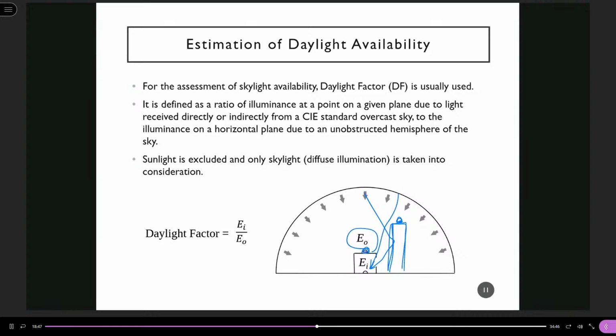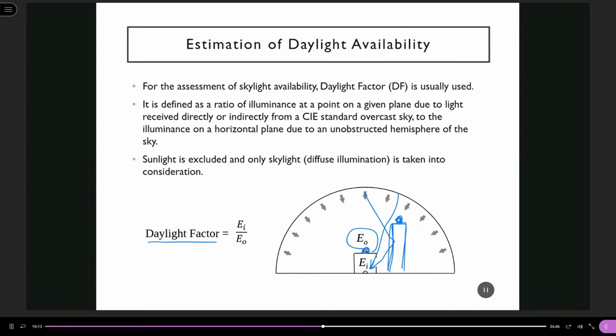So in order to measure EO, we should measure it on the top of the tallest building around the room. So the daylight factor is a ratio of interior illuminance over the exterior illuminance under an unobstructed sky.